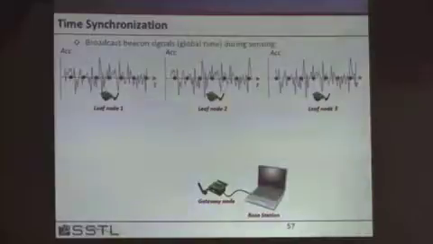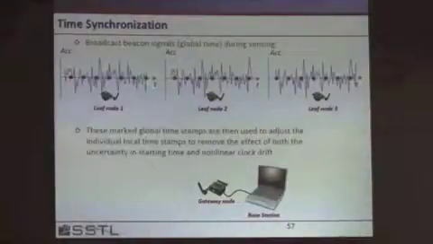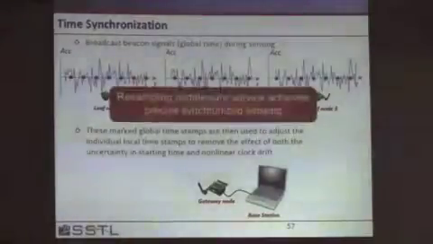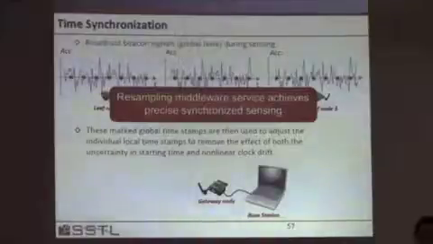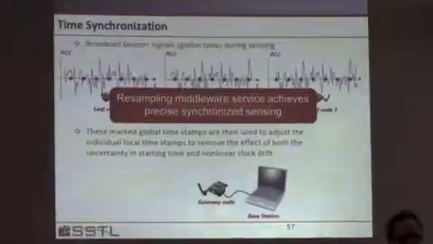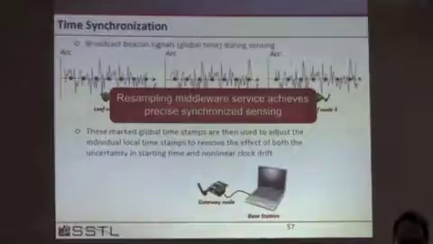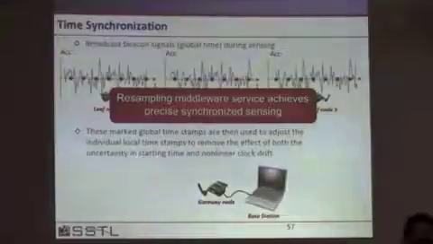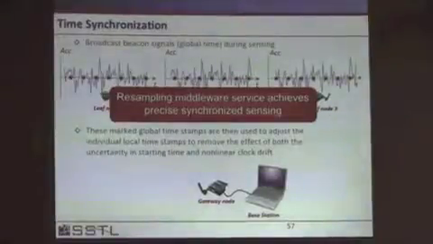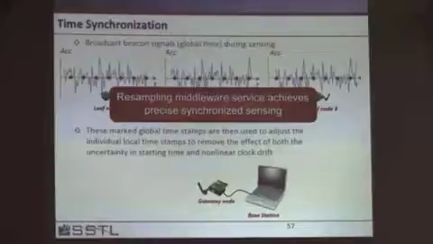So this is roughly what we needed. And the reason I show you this is because maybe you didn't understand, maybe you did understand what we were trying to do here, but you don't have to worry about it now, because this is implemented as a middleware service that you can use for collecting synchronized data that's of high quality.